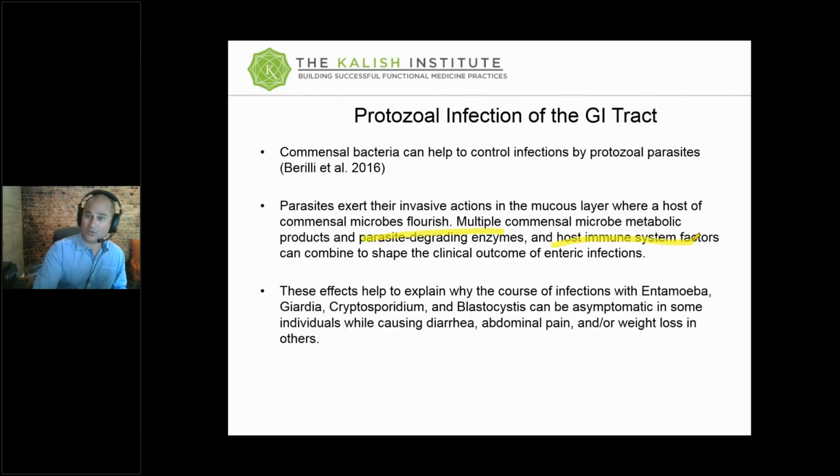You don't have the host immune system upregulated because you have a lack of these commensal organisms in the mucosal layer, okay? This is really, really important in the bigger picture. And if I take a step back and we look at what we're doing with functional medicine in general, many of the important cases that we have are going to revolve around your skill set and ability to treat the gut.